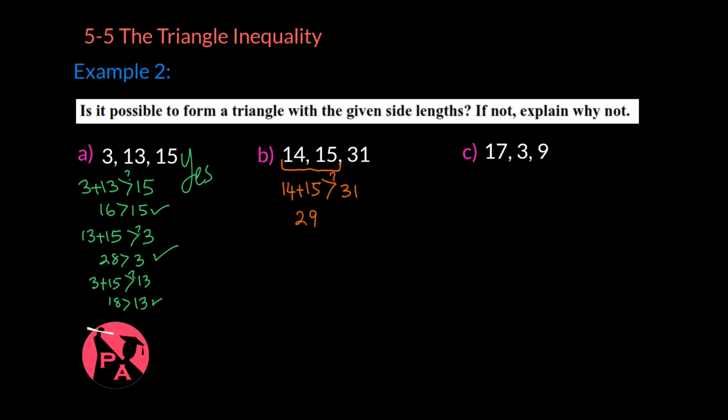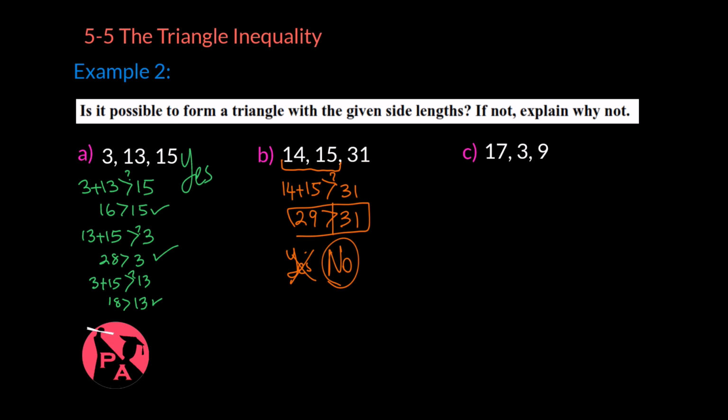It's not greater than the third one. That means we cannot create a triangle. Sorry, it wasn't going to be yes, it was going to be no. We cannot create a triangle using these three numbers. Again, the shortcut is, instead of testing all of these, just choose the shortest two lengths. The shortest two sides are 14 and 15 for this triangle. Just add them together and see if it is greater than 31.